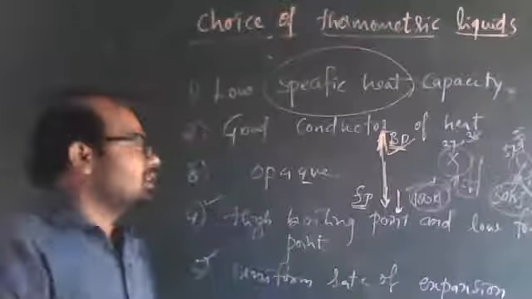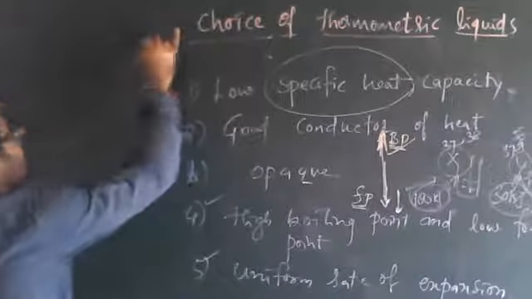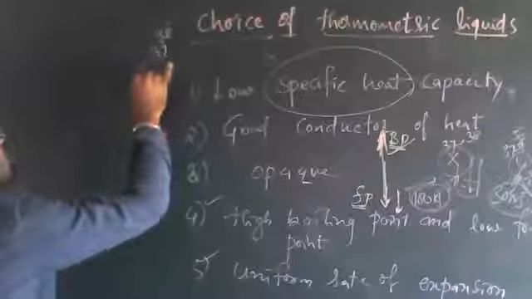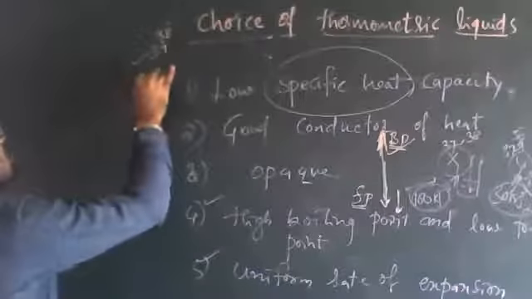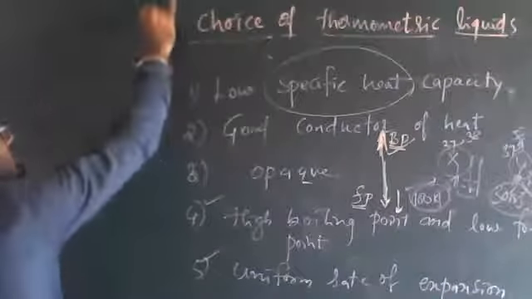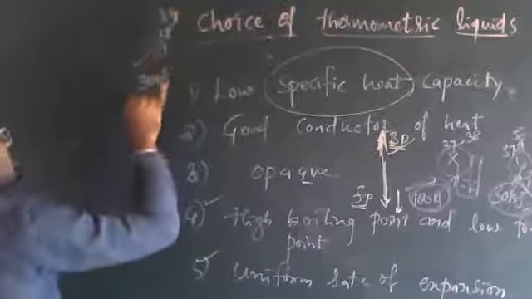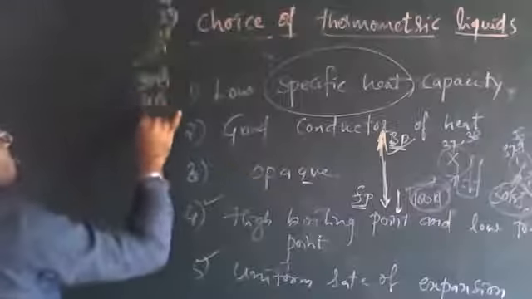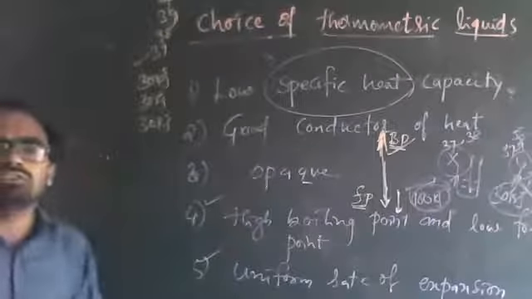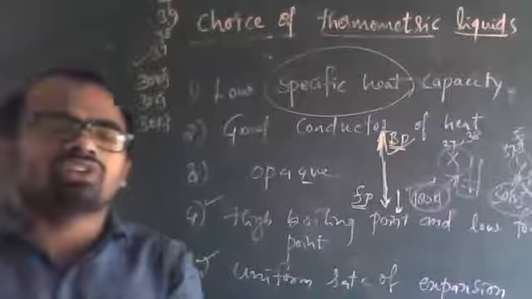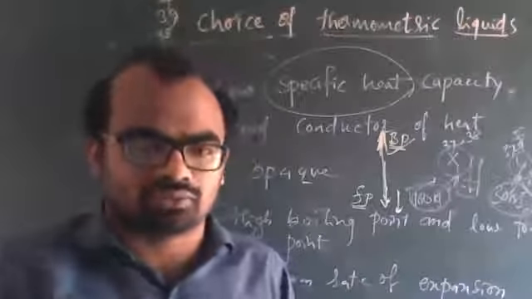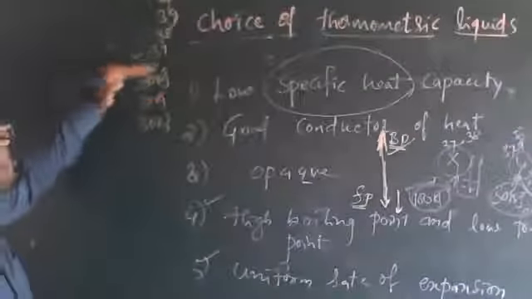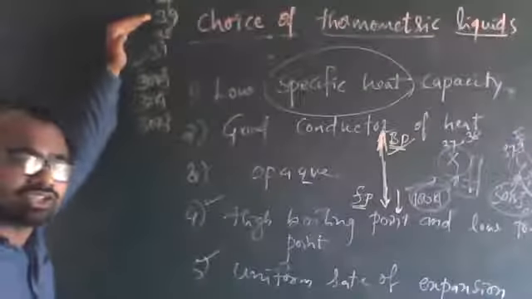For example, if it wants to increase its temperature from 37 to 38 degrees Celsius, it takes 30 kilojoules. To go from 38 to 39 it has to take 30 kilojoules. To go from 39 to 40 it has to take 30 kilojoules. Then we can say that it is having the uniform rate of expansion. Normally it is going with uniform rate of expansion.